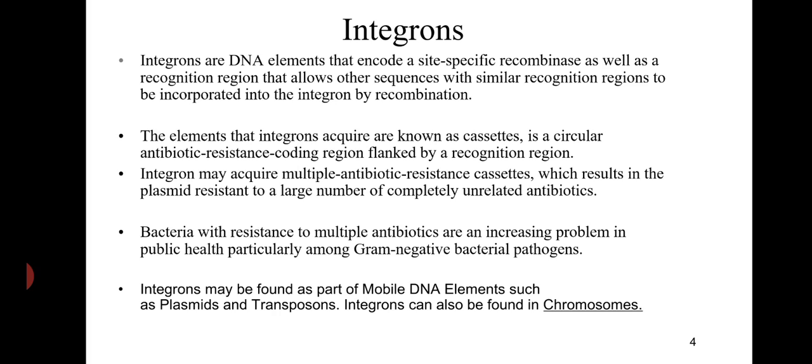An integron will usually contain one or more gene cassettes that have been incorporated into it, meaning at a time one or more gene cassettes can be incorporated into the integron structure. These gene cassettes may encode genes for antibiotic resistance.